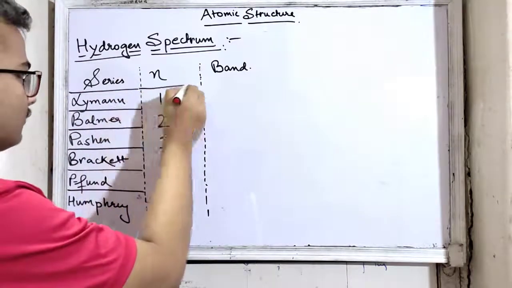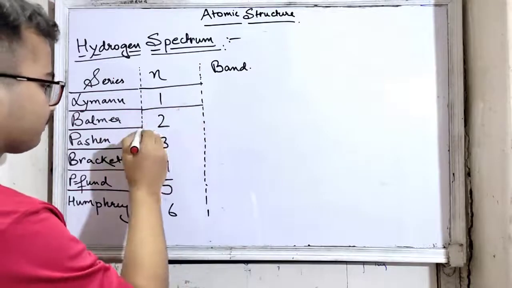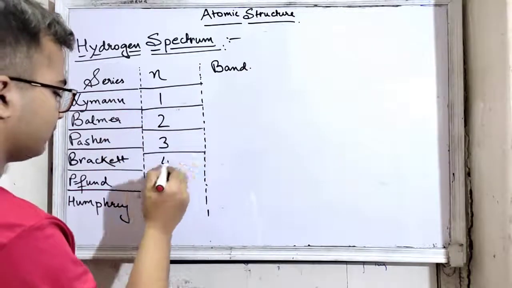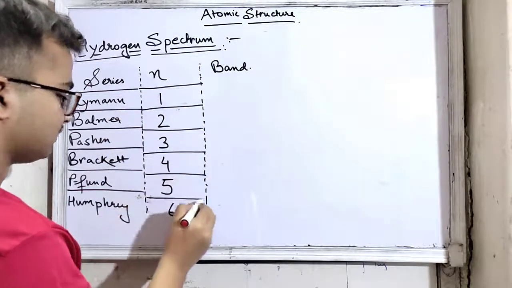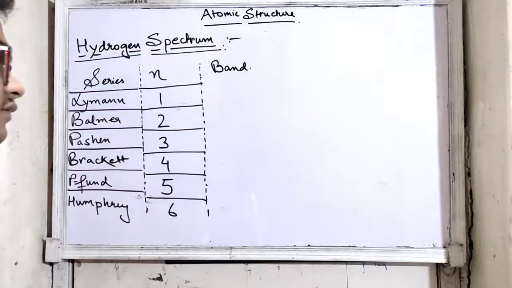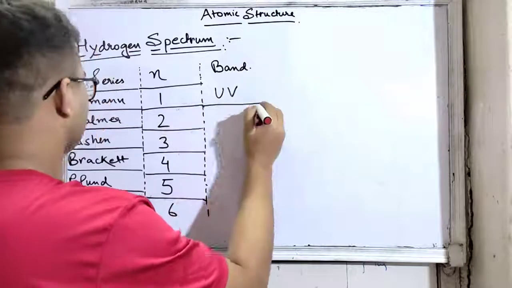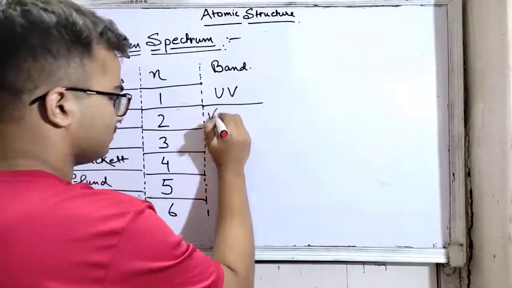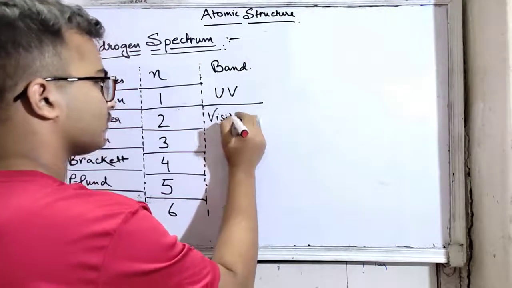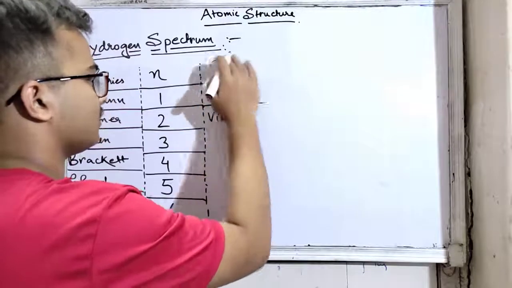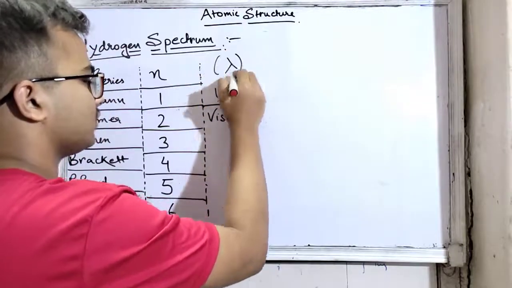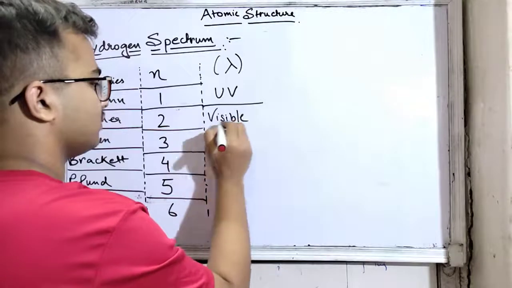Now for Lyman series, the band which follows is the UV rays, which is the ultraviolet rays. Okay, the Balmer series follows the visible range, or you can say this is lambda. So you have to compare the value of lambda and determine.